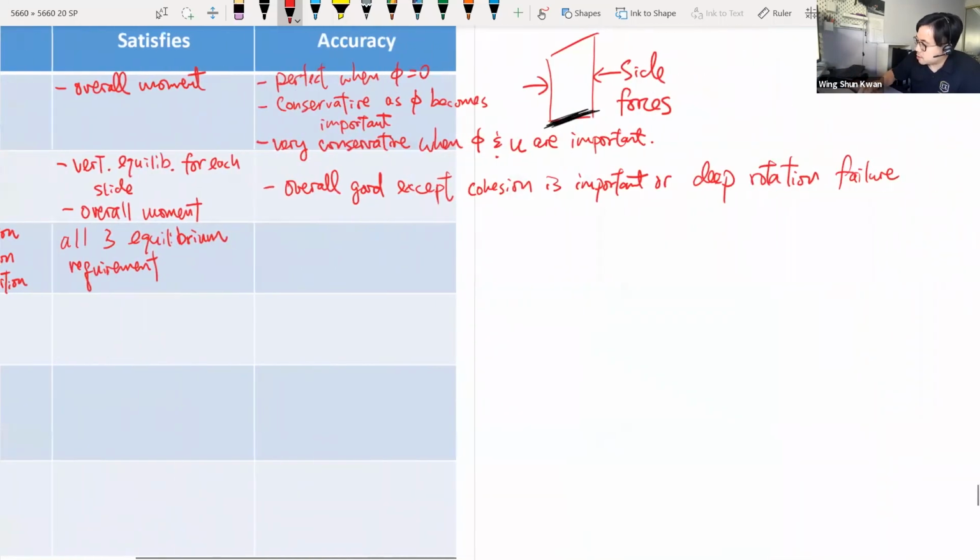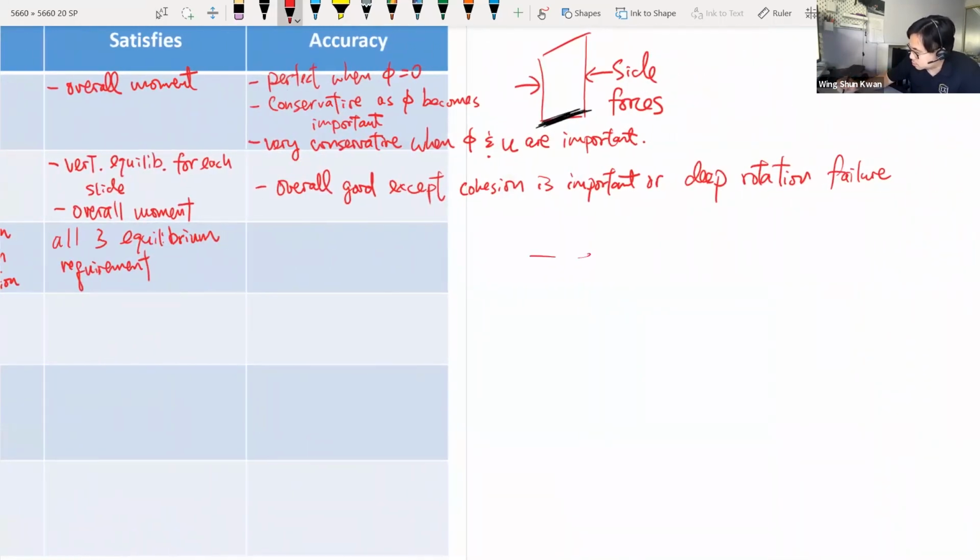So what does it mean here? In this method, you have your slope. You have different slices. And then there's what they call the thrust line.